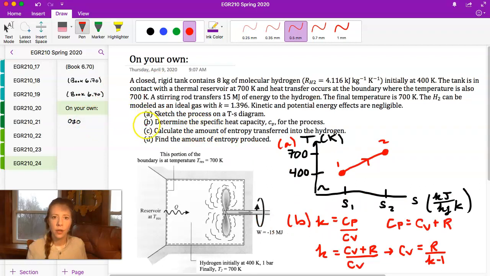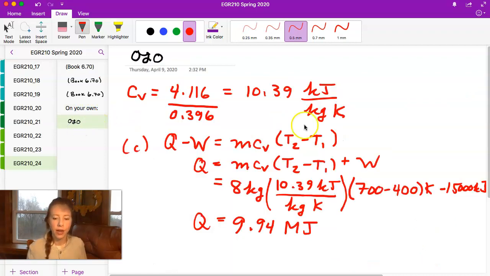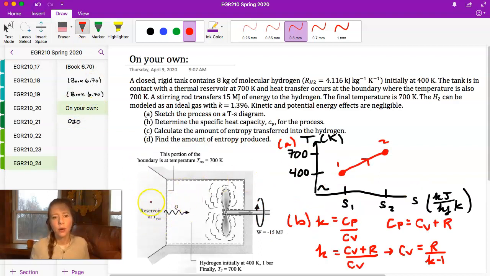Okay, so that is going to give us Q, but we need to find the amount of entropy transferred into the hydrogen. So delta S is going to equal Q. Well, the amount transferred into the hydrogen, looking back at our figure here, is going to be Q over TB, where TB is our temperature of the reservoir.